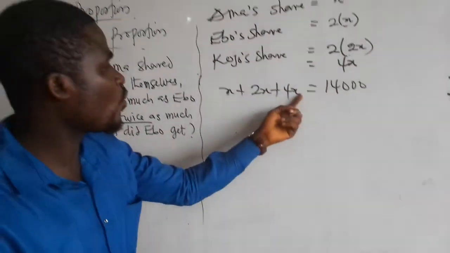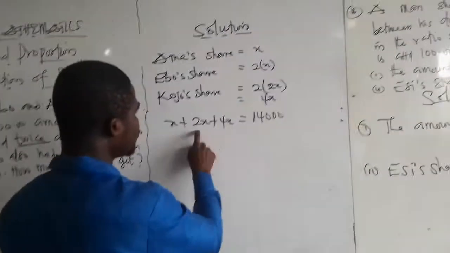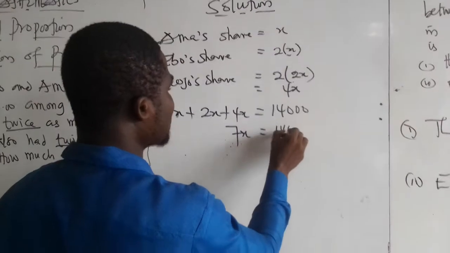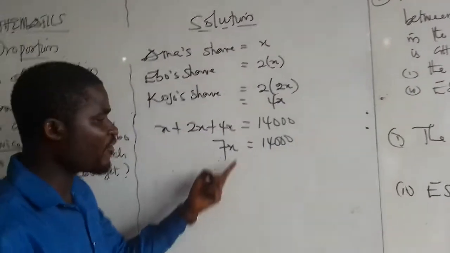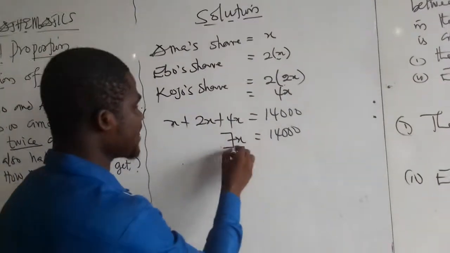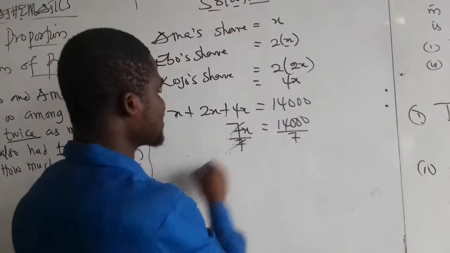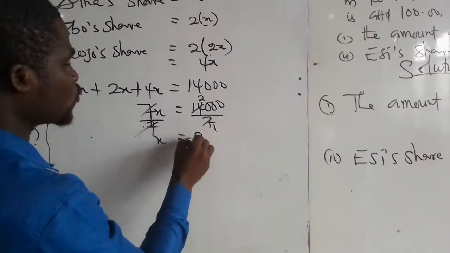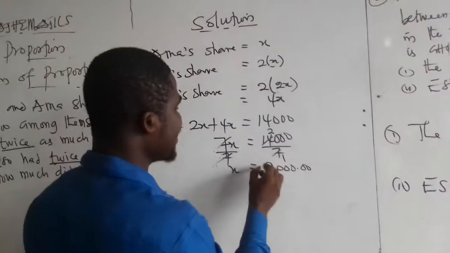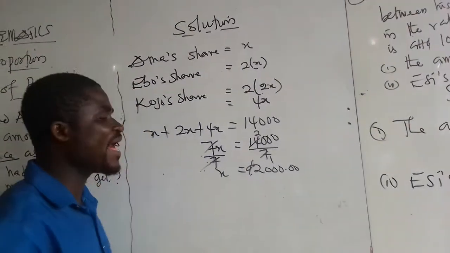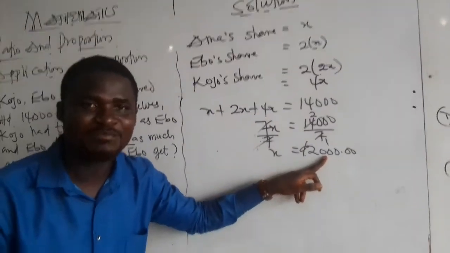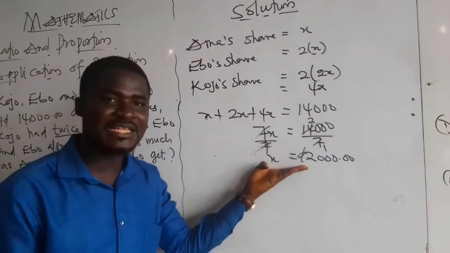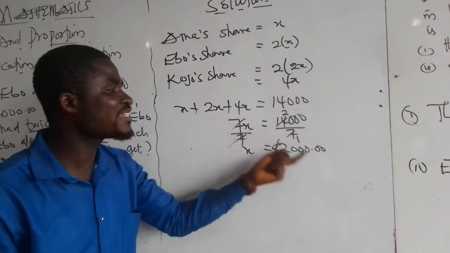Now let's add all. We are going to have 7X equals 14,000 Ghana cedis. We are looking for X, so divide both sides by 7. 7 will cancel 7. 7 goes here 1, 7 goes here 2. So X is 2,000 Ghana cedis. It means that Amma had 2,000 Ghana cedis because X represents Amma's share.